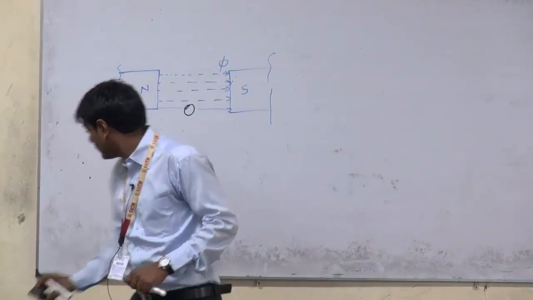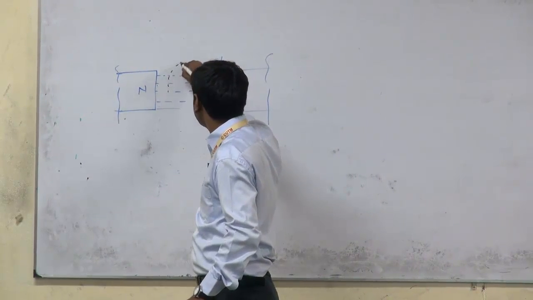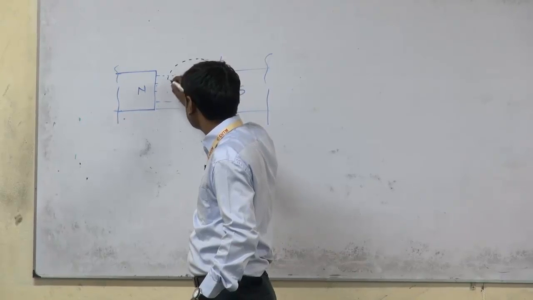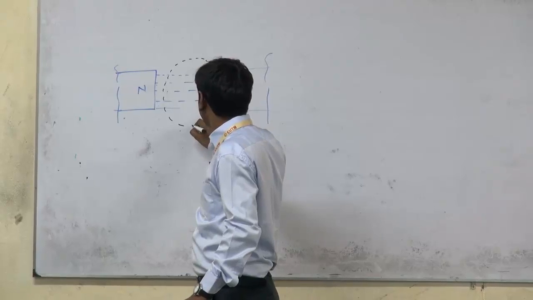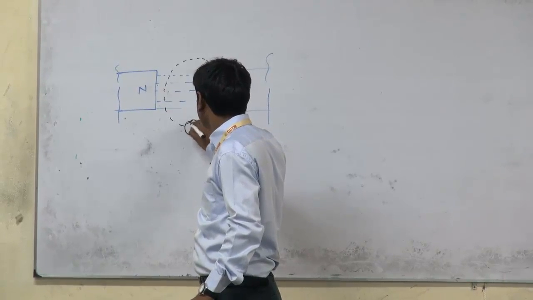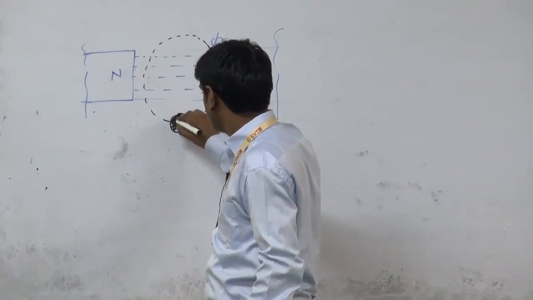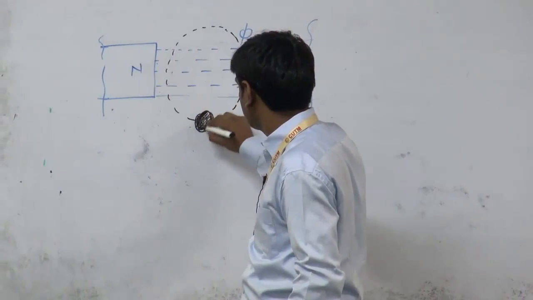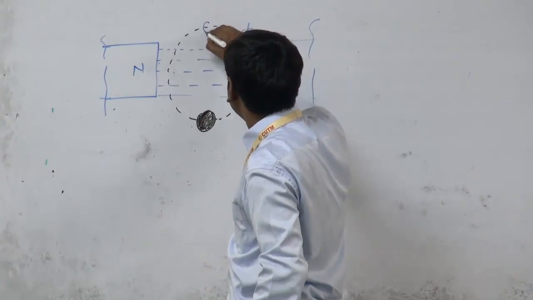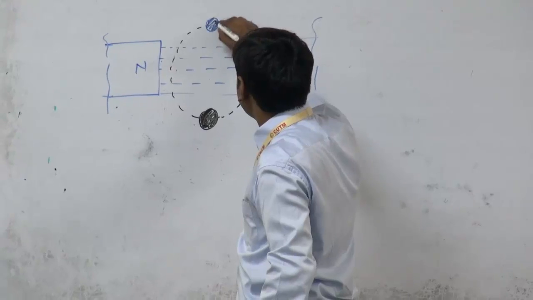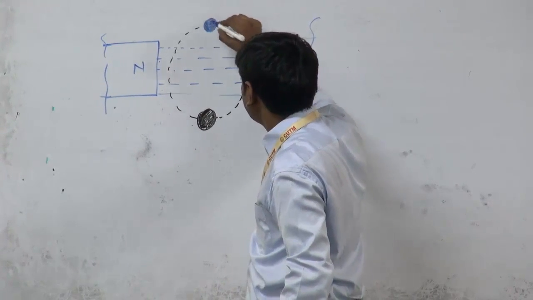Let me draw a circle. Here the coil will move in a circular direction. This is the conductor which is at the bottom of the coil, and let me draw another conductor, which is at the top of the coil.